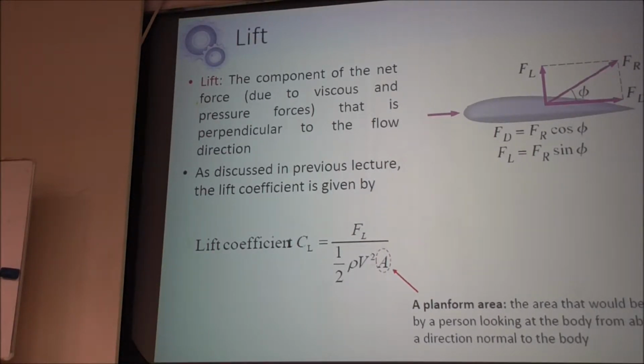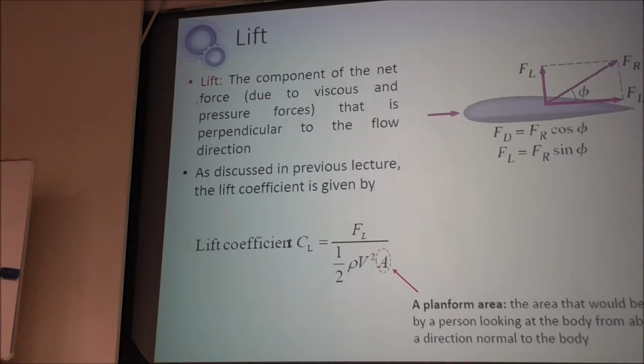The first is the frontal area, when you have a drag force due to pressure. Then you have the area for the shear stress, and the platform area is actually the same area as your shear stress. This is the wing area when you look at it from the top.